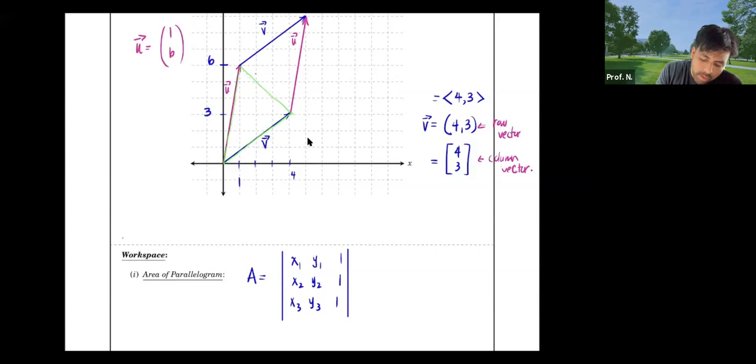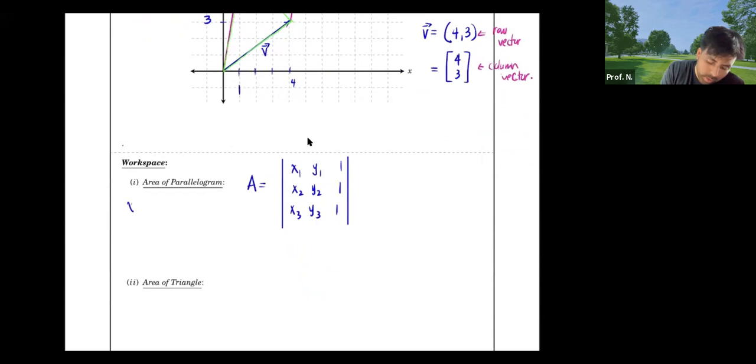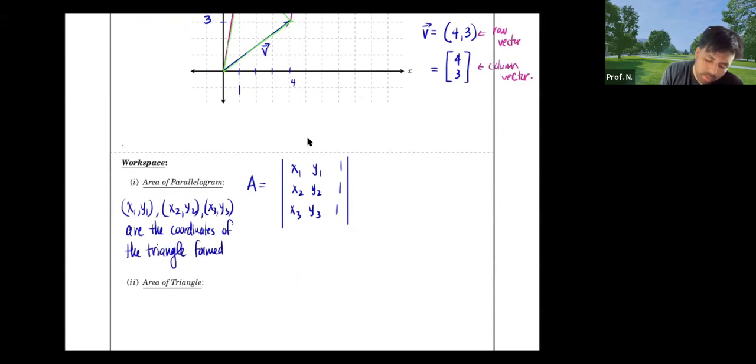So X1, Y1, X2, Y2, X3, Y3 are the coordinates of the triangle that can be formed in the parallelogram.